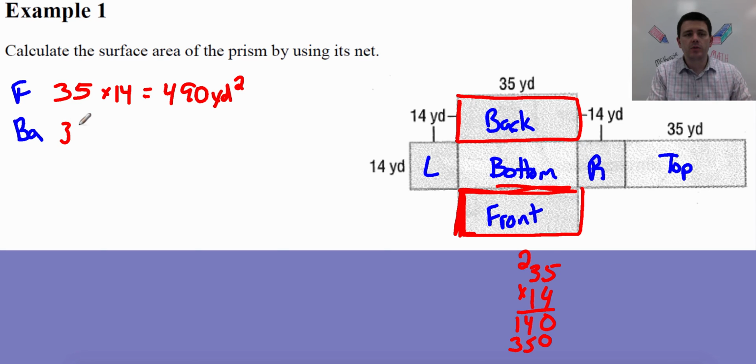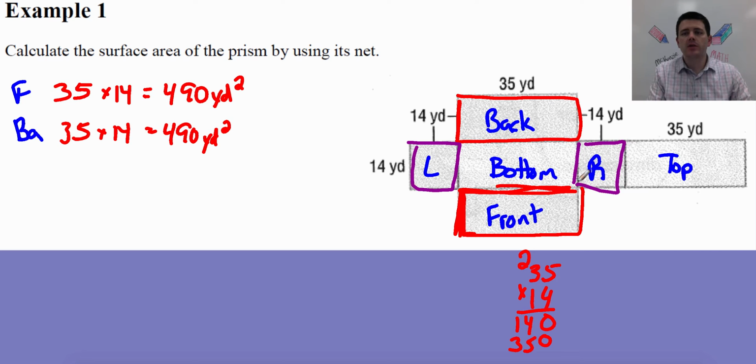It's also 35 by 14, so I know it's going to be 490 square yards. Now, let's take care of the left and the right. Again, kind of think of them as pairs. Save yourself the hassle of having to do twice as much work. If you know they're the same measurement, you can just do the problem once.